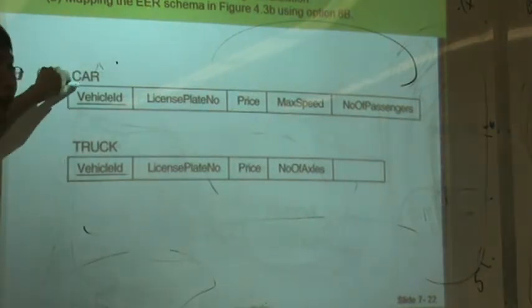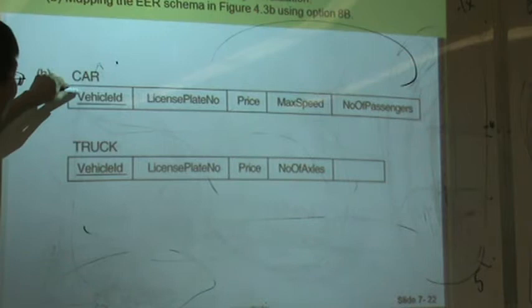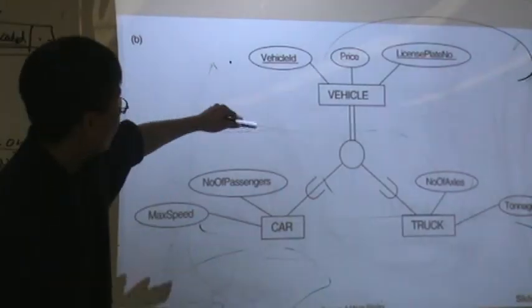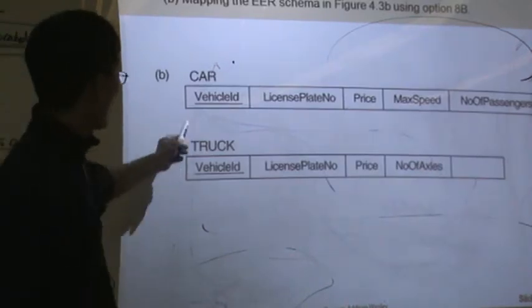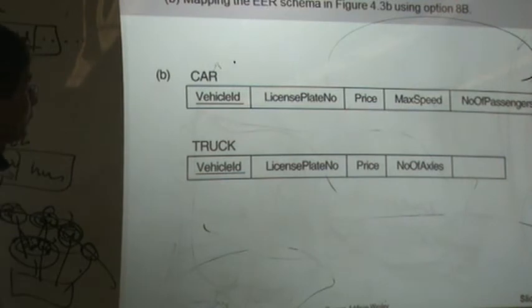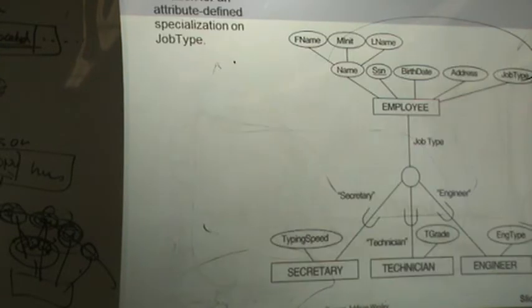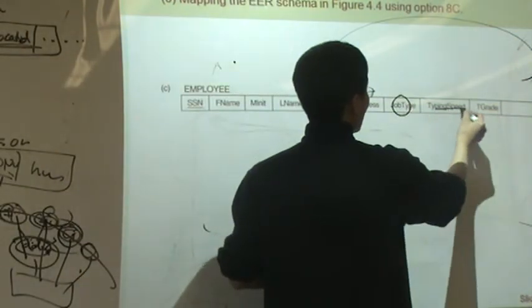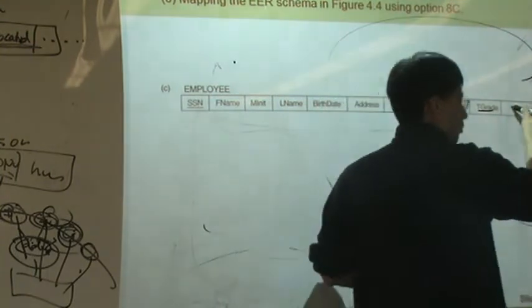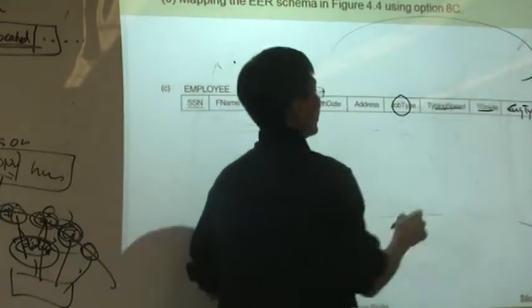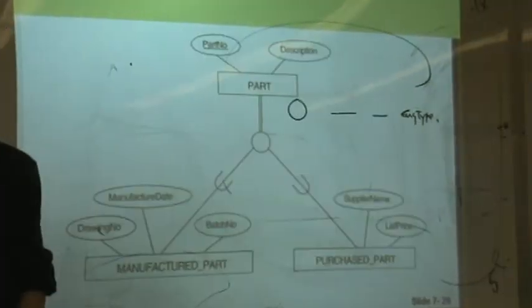We have subclass. One relation for subclass, another relation for subclass from these super and subclasses. So both of them have the vehicle ID, but there's no foreign key to each other. For this, third option, job time and typing speed, T grade, and engineer type. Okay, this is the third option.